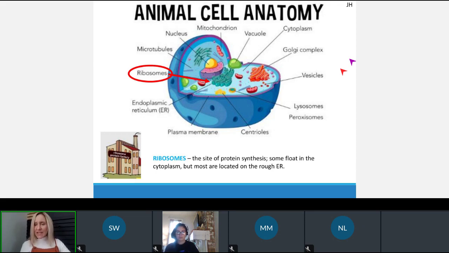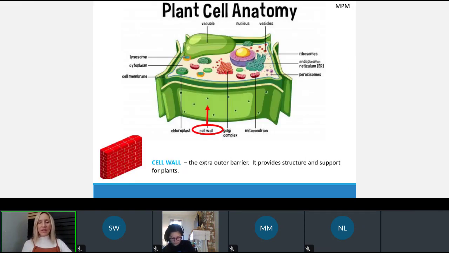Let's take a peek at two things in the plant cell that are a little bit different. So the plant cell and animal cell have a lot of the same organelles. There are only two major differences in organelles that plant cells have that animal cells do not. So let's look at those really quick.